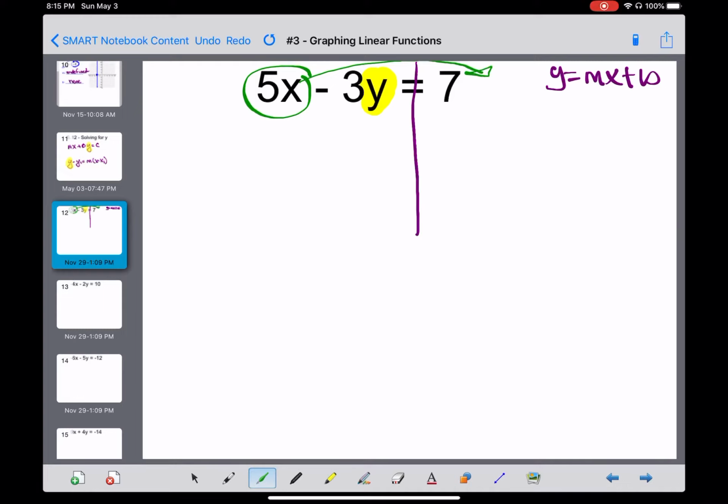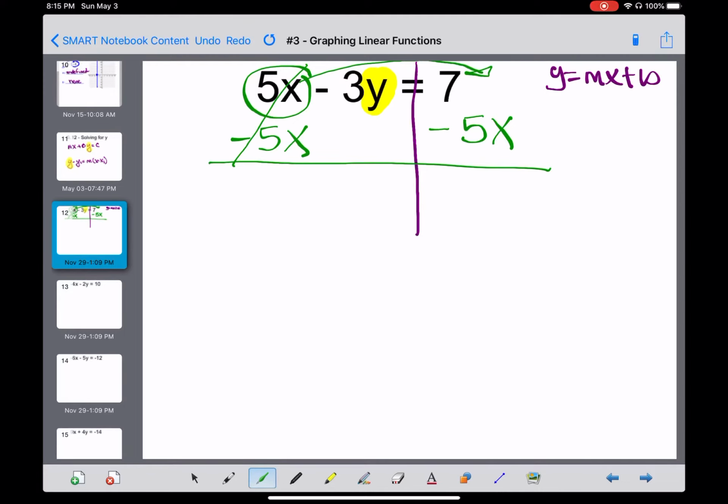And the way that I bring it, I need to take the opposite value. So in this case, I have a positive 5x, so I need to do minus 5x, because remember, what I do on one side, I do on the other. So the 5x's cancel. Now on the right side, I have 7 minus 5x.